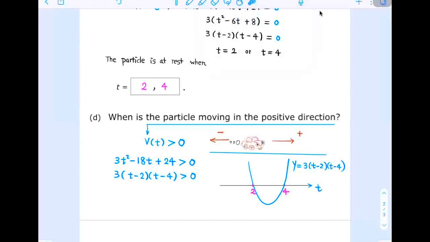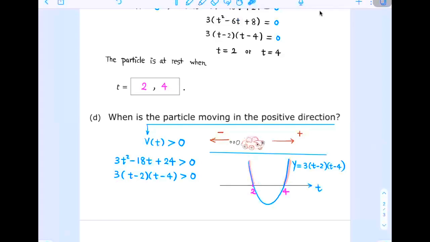Notice that above the t-axis, y is positive, here and here. Below the t-axis, y is negative from 2 to 4. So for y to be greater than 0, the corresponding parabola will be this part and this part. Those have the y coordinate positive.